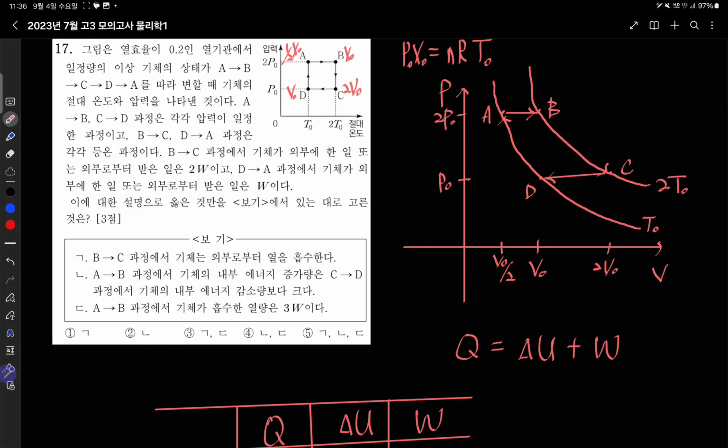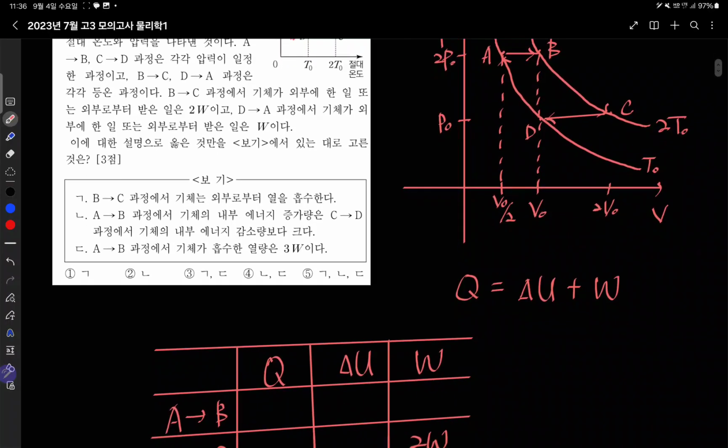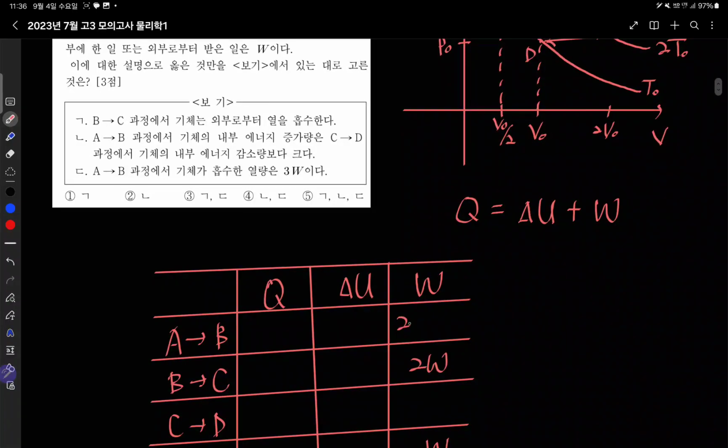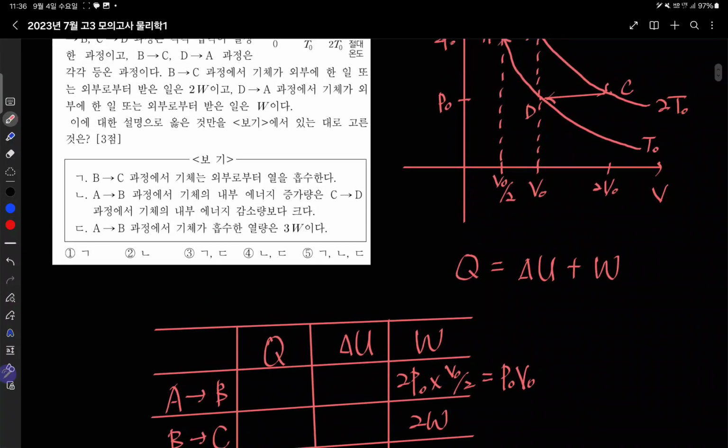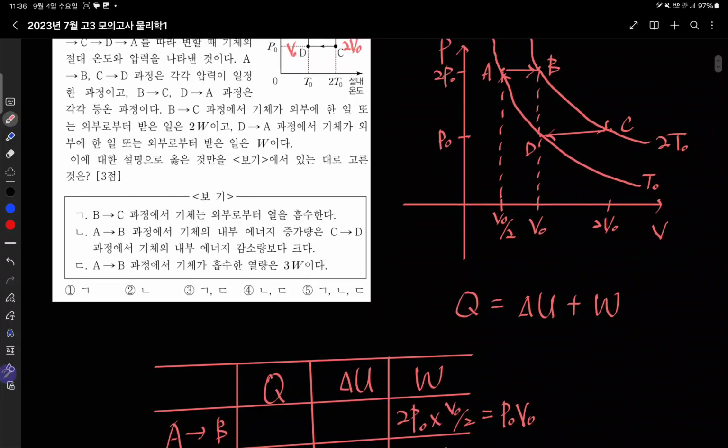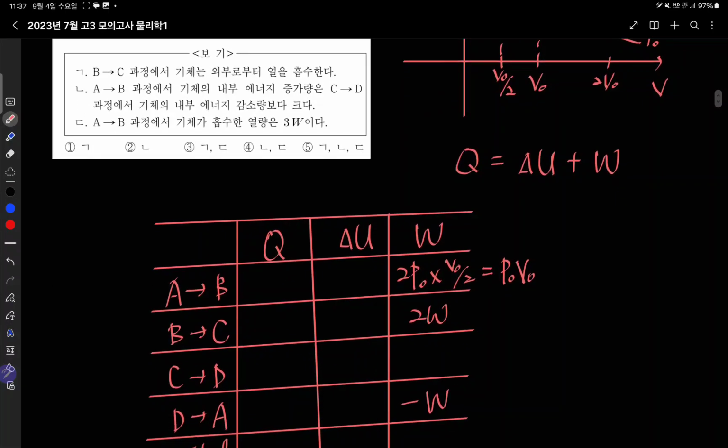So if we calculate the area of this rectangle, that's 2P0 times half of V0. So the amount of work is P0 times V0, and as the gas expands, the gas does the work.